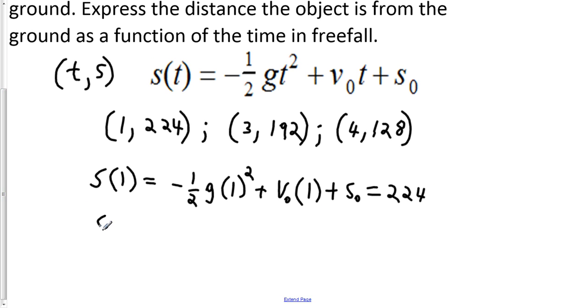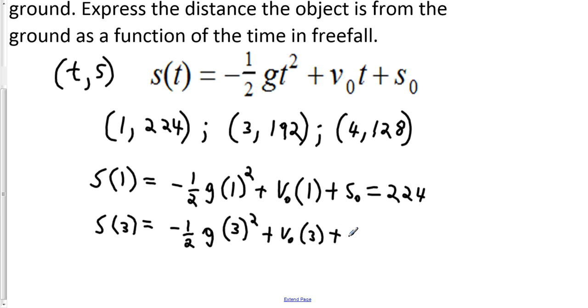And then the s of 3, when I plug 3 in, I'll get a different equation here. It's going to be negative 1 half times g times now 3 squared, because I'm plugging in 3 for t, plus v naught times 3 plus s naught. And this is going to equal 192, because when I plug 3 in for t, I'll get 192 for the height above the ground.